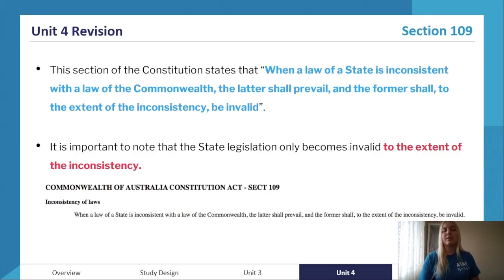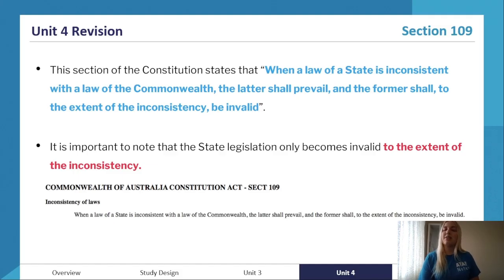So that very clearly says when there is a clash between state and Commonwealth laws in an area of concurrent powers, the Commonwealth law will remain operational and the state law will be abolished, but only to the extent that it clashes with the Commonwealth law and the rest of it may continue to operate.